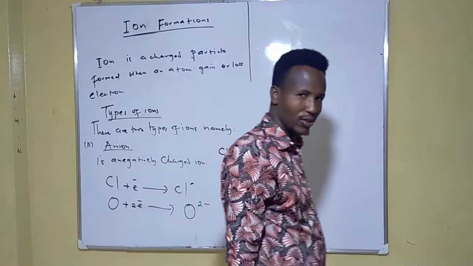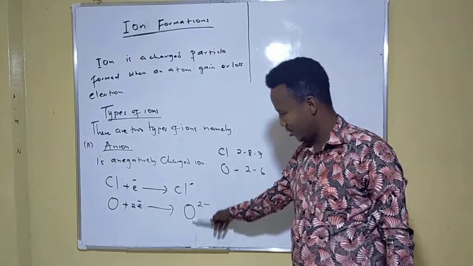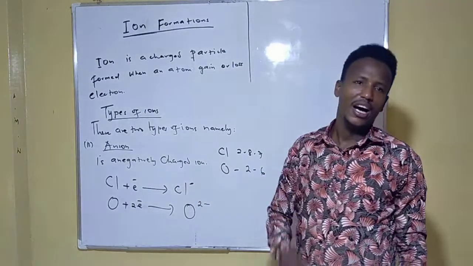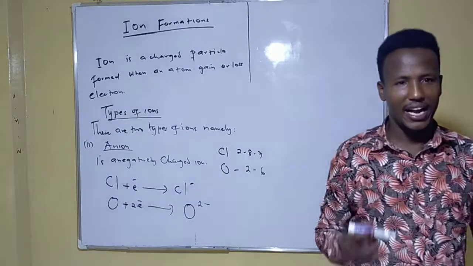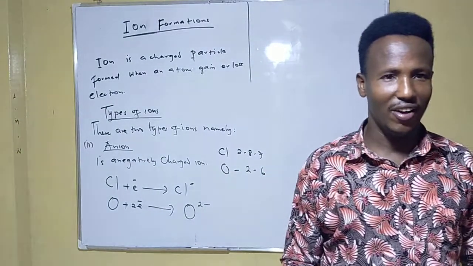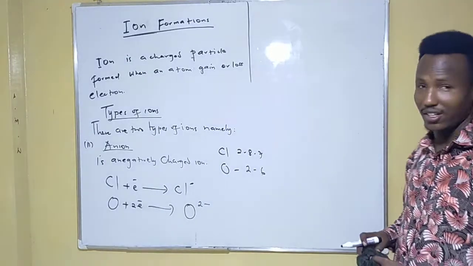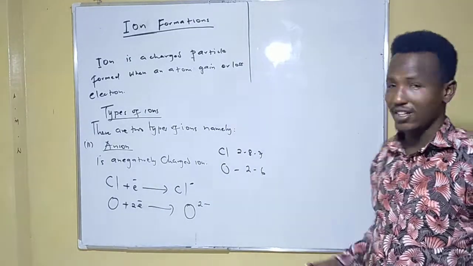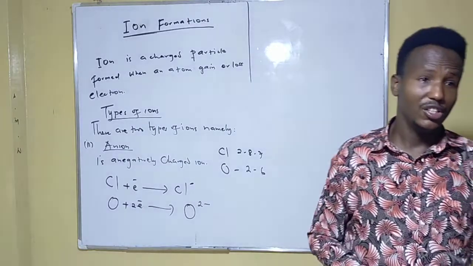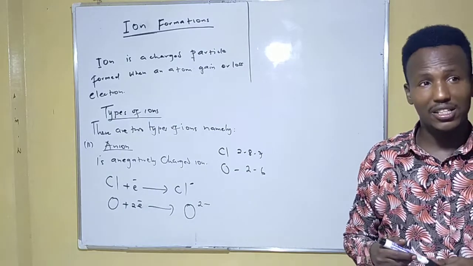These resulting ions are what you normally call anions, and they are negatively charged ions, for your information. Are you getting this, brothers and sisters?